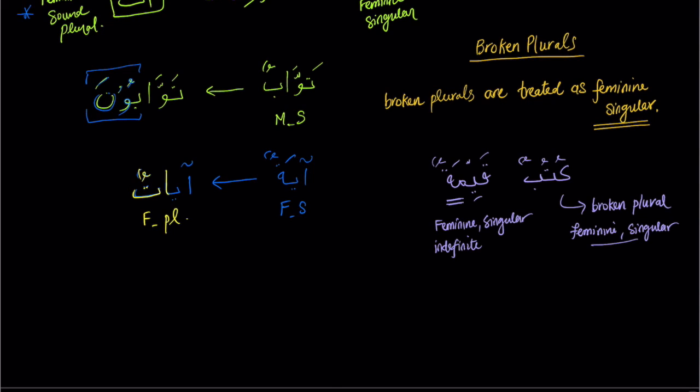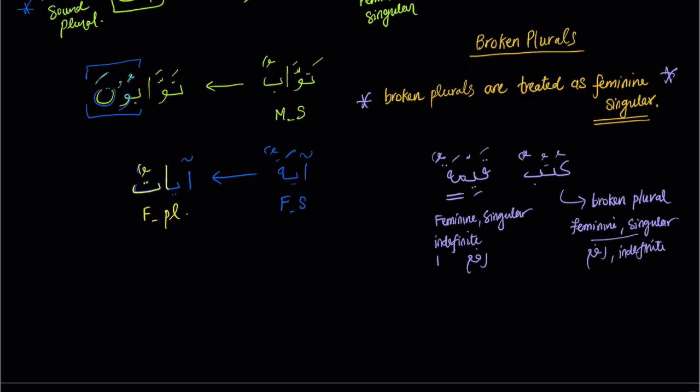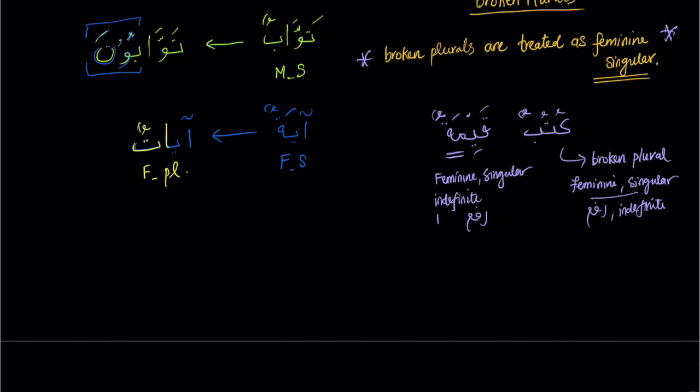Basically, they both have dhamma on the ends, so they are both rafa. And so this is why it's important to know that broken plurals are treated as feminine singular.